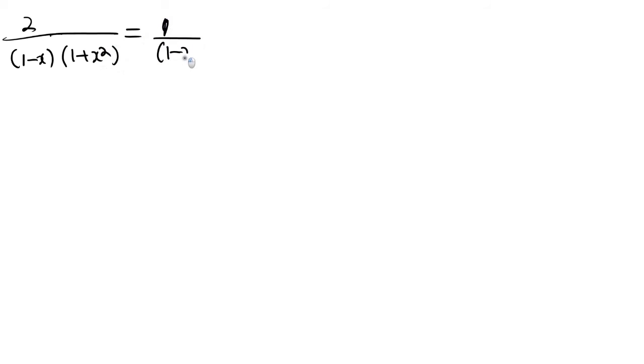So you can write 2 divided by (1 minus x) into (1 plus x square) is equal to a divided by (1 minus x), what is a, 1, so 1 divided by 1 minus x, plus b x plus c, b into x is bx, 1 into x is x, plus c value is 1, divided by 1 plus x square.